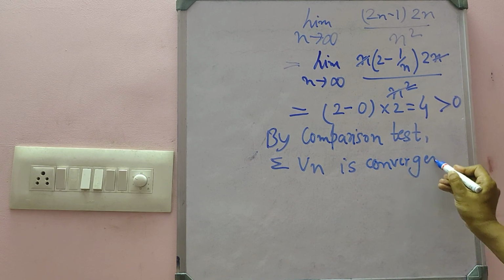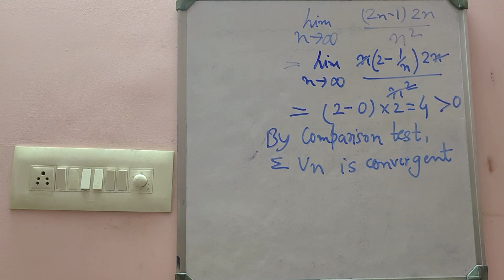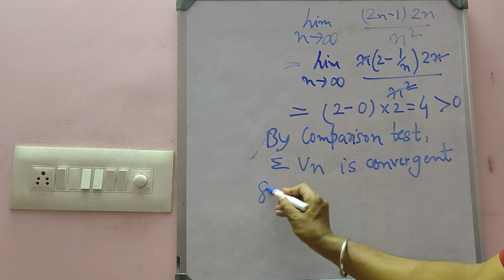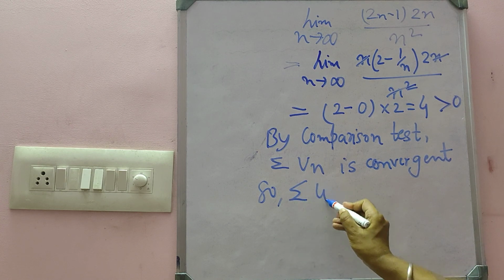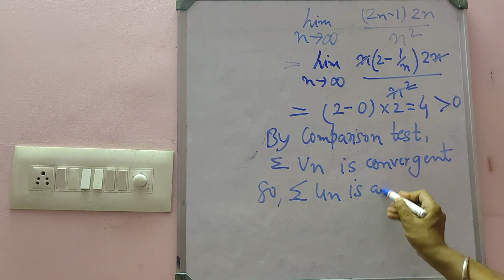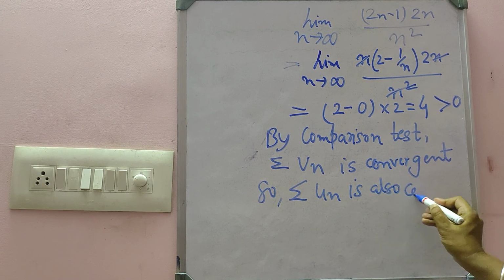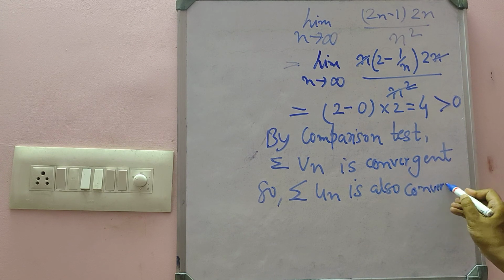So whenever vn is convergent by comparison test, un is also convergent. So you have to write, so summation of un is also convergent.